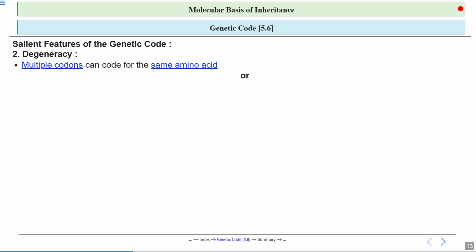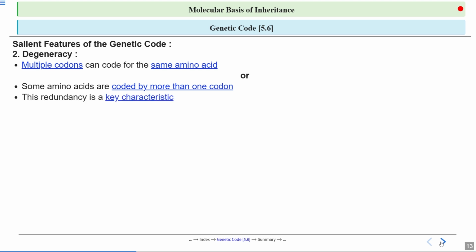Because multiple codons can code for the same amino acid. Or we can say it another way, that some amino acids are coded by more than one codon. Both statements mean the same, and this is what defines the degeneracy of the genetic code.